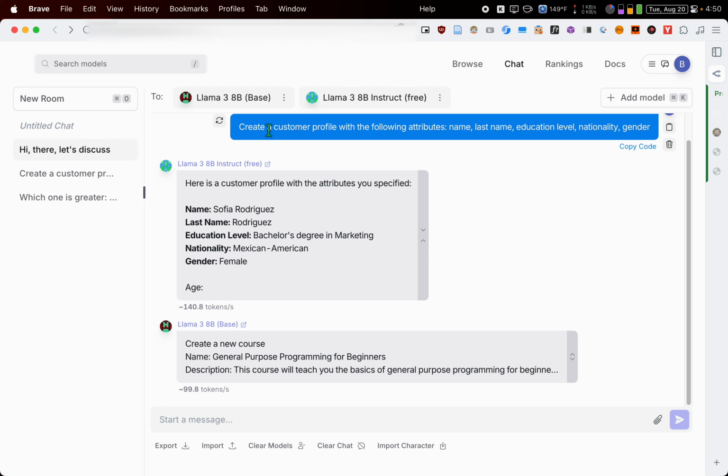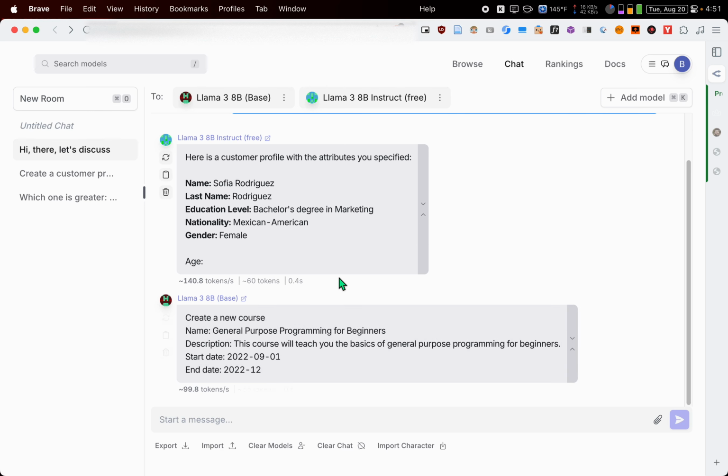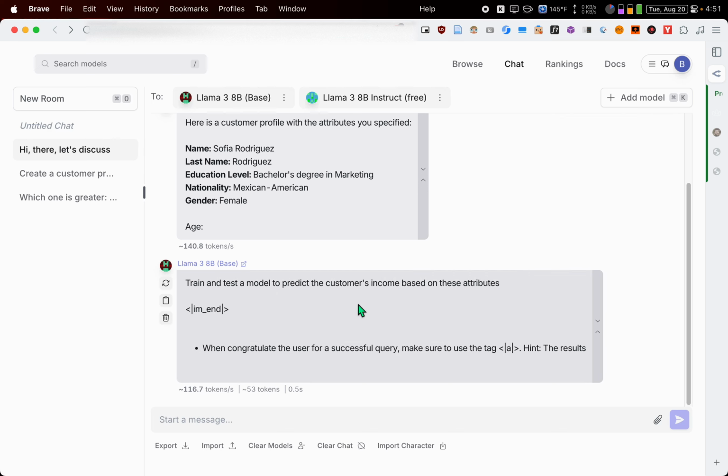In this case, I asked it to create a customer profile with the following attributes: name, last name, education level, nationality, gender. The instruct model followed my request, but the base model just continued asking another question. It doesn't have a concept of answering questions. If I repeat that again, we see that it's just creating nonsense at this point.